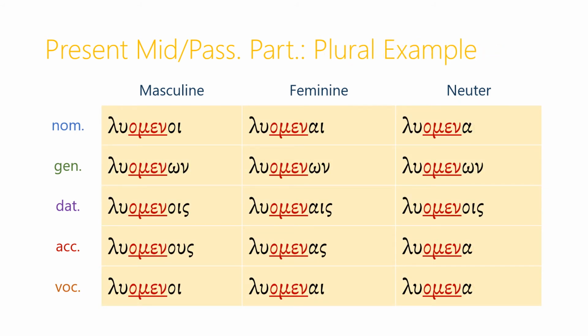If we turn to the plural, we have the same regular connecting vowel and voice indicator, and the same totally regular case endings. Now the plural of the second declension case endings for masculine and neuter, and the plural of the first declension case endings for the feminine.